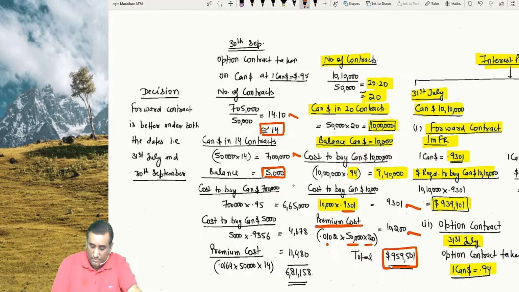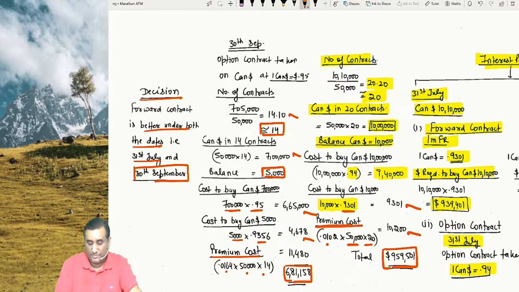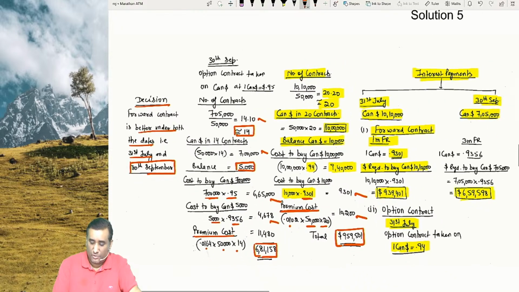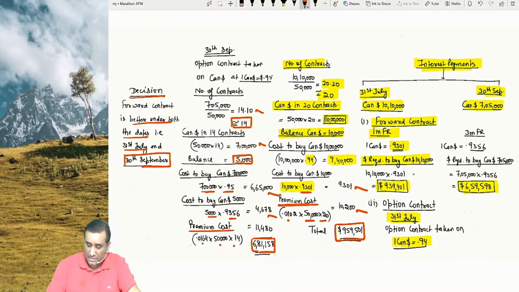The balance 5,000 will be bought using what? Forward contract. So 7 lakh into 0.95, that was the strike rate, plus 5,000 at the forward rate, comes to 0.935678, and the premium cost would be 0.0164 per dollar. Decision: the forward contract is better under both, 31st July and 30th September. The forward contract has to be better, because the forward contract rate is 0.9301, whereas this option was 0.94 plus the premium.